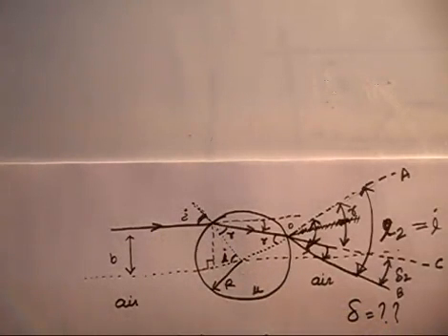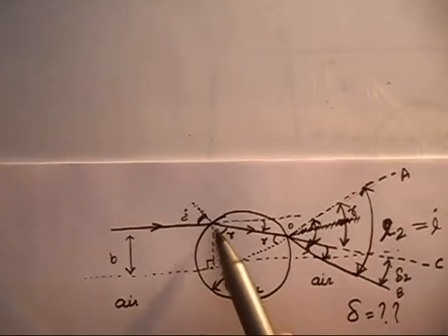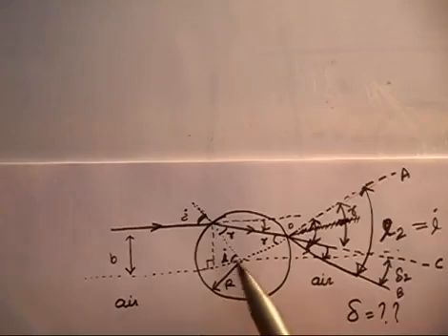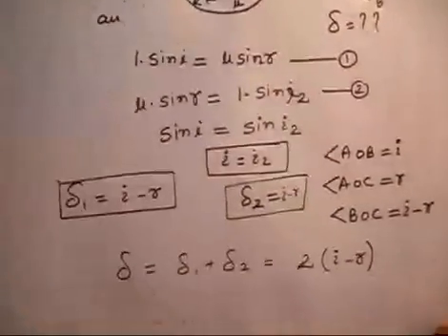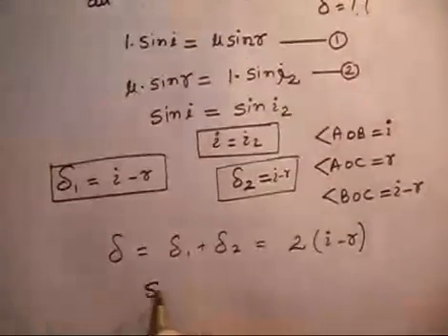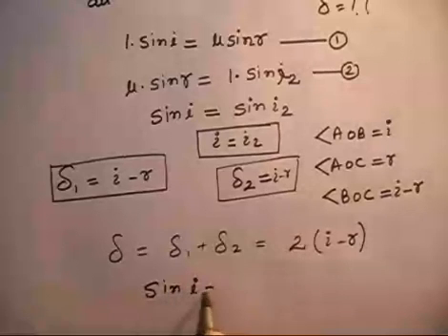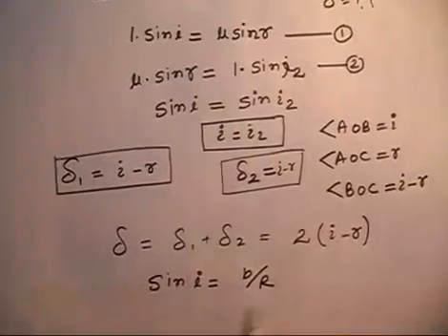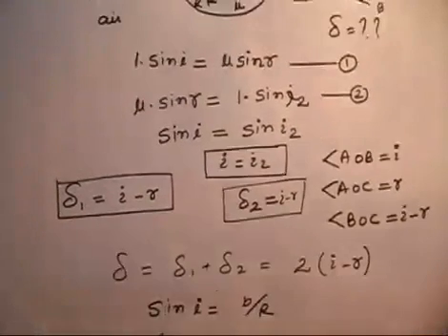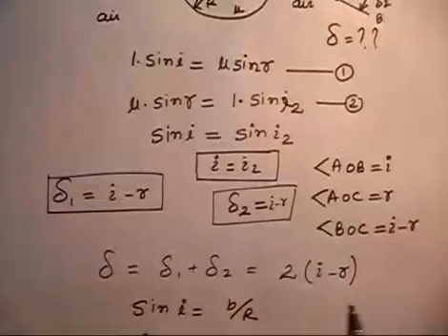Are you getting or not? If this angle is I, then I can write sine I equals this side divided by the radius. Sine I is B by capital R. So now I can write sine I equals B by capital R. Now if I know sine I, I can find sine R. Sine R is nothing but sine I by mu, you see the first equation.